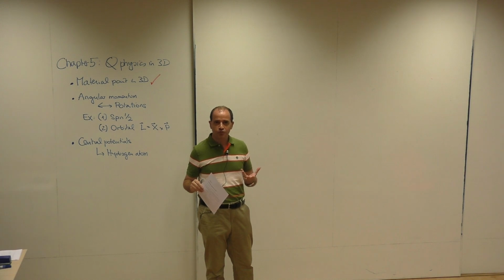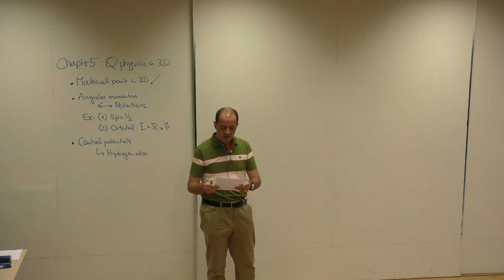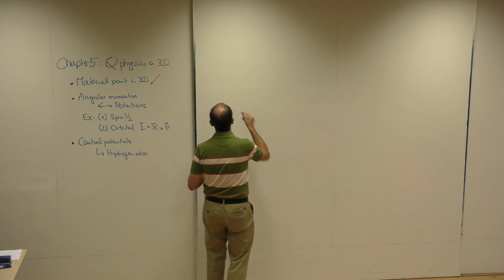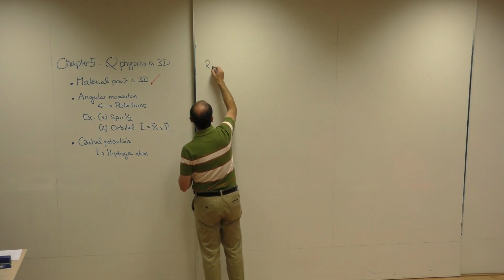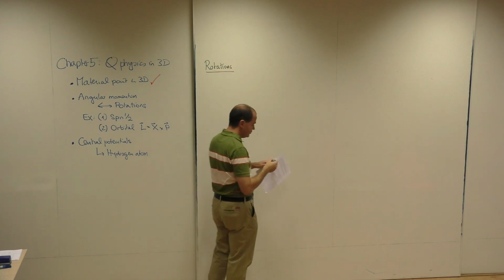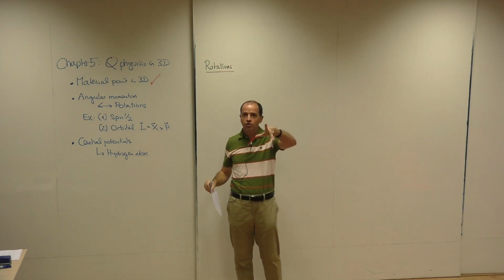But I will tell you very quickly where it comes from. The point is to look at rotations. So let's focus on rotations. Rotations of what? Well, of your coordinates.